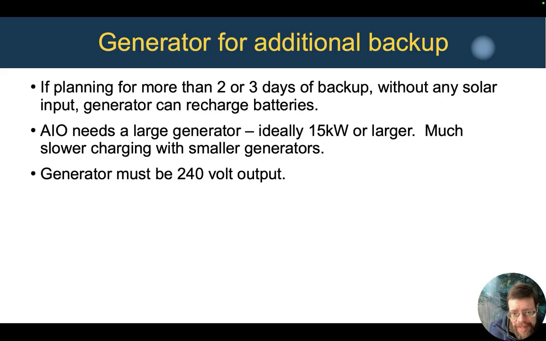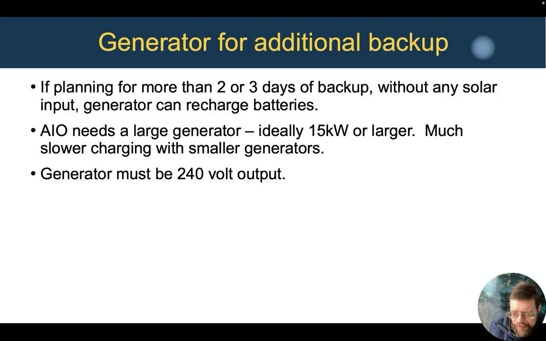And with the size battery banks that we're looking at, if you're charging at 4 or 5 kilowatts out of a small generator, that can take a long time to recharge, say, a 40 or 60 kilowatt hour battery bank. So we're really looking at larger generators as something that gets paired with our inverter systems, not the portable gasoline-powered generators you drag out of the garage.